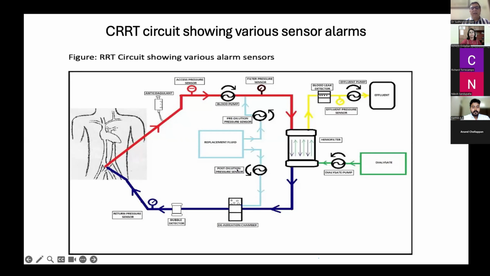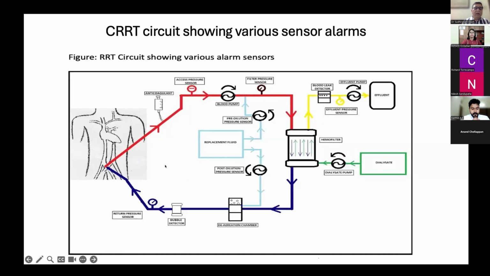It is a very complex machine with a different kind of sensor for the safety mechanism itself. Since we are doing this in patients who are hemodynamically unstable, for any variation in the patient's condition as well as the circuit itself, there are several pressure sensors. So you have to know at this moment what pressure sensors are attached to the CRRT machine itself.